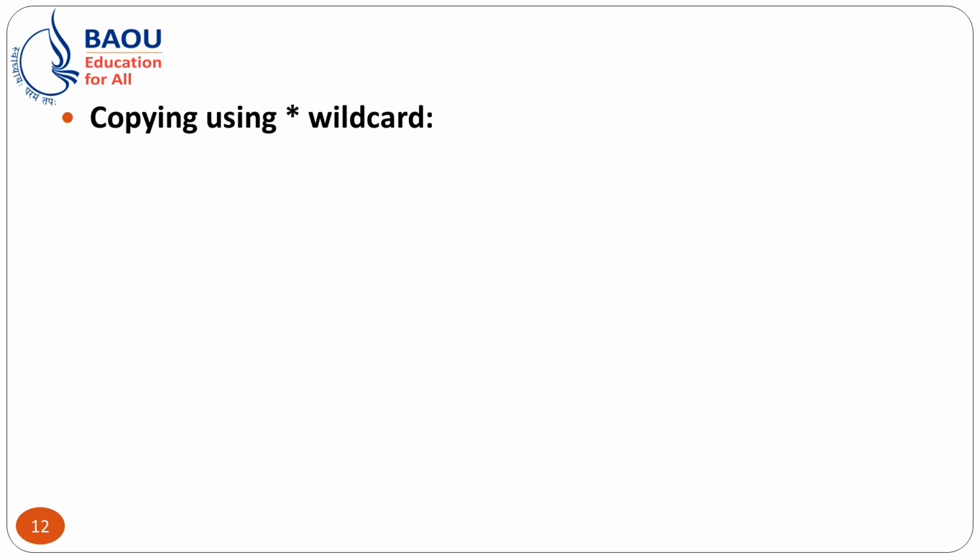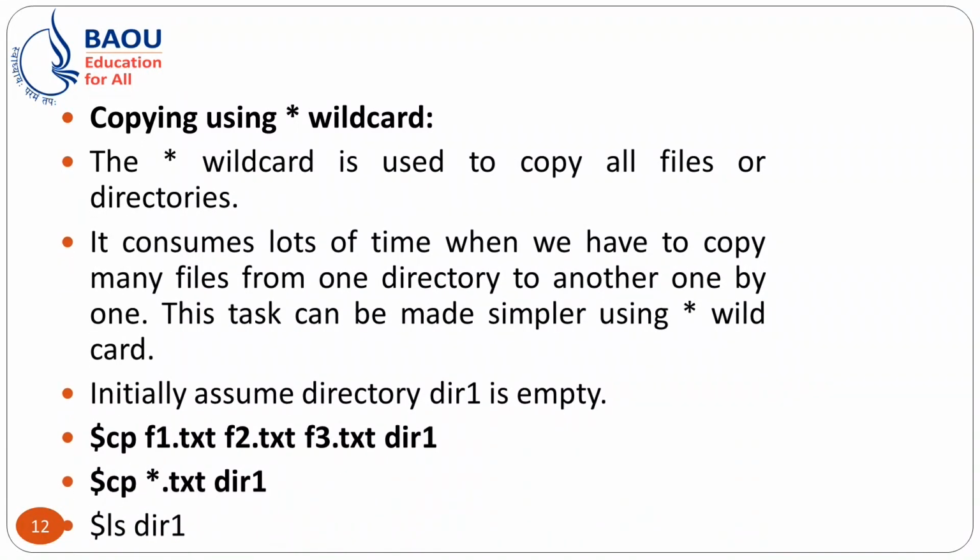Now, I think you are already clear with the options we have discussed. Now we are moving on to wildcards. As we have discussed, two wildcard characters are there, asterisk and question mark, that we have already discussed in the previous session. Focus on the example. Suppose you want to copy 3 files, f1.txt, f2.txt, f3.txt. In that case, it is not required to write the names of all 3 files here.